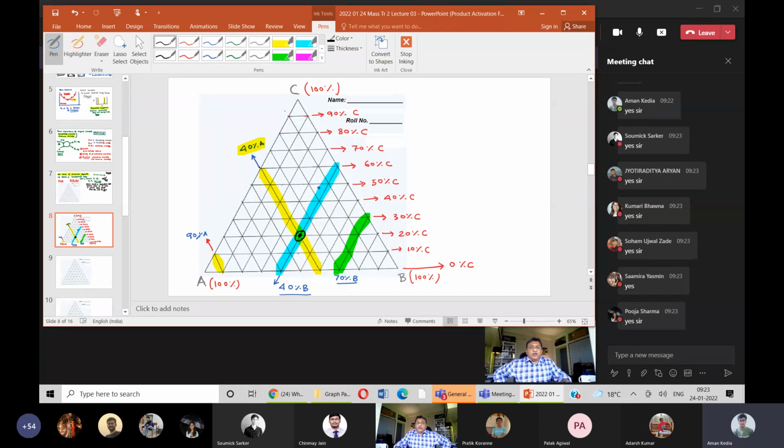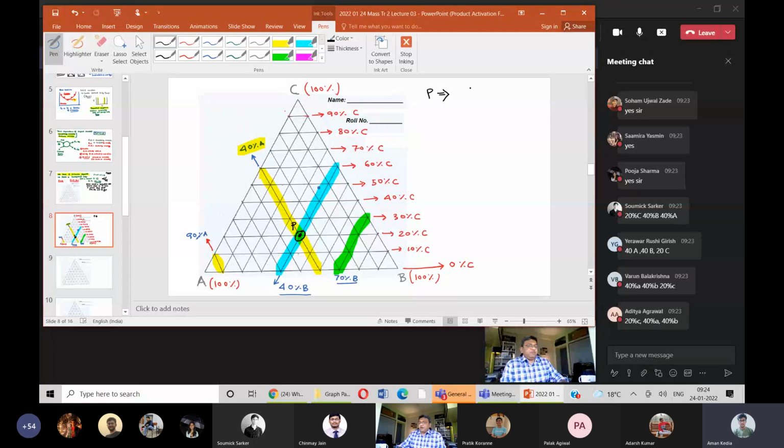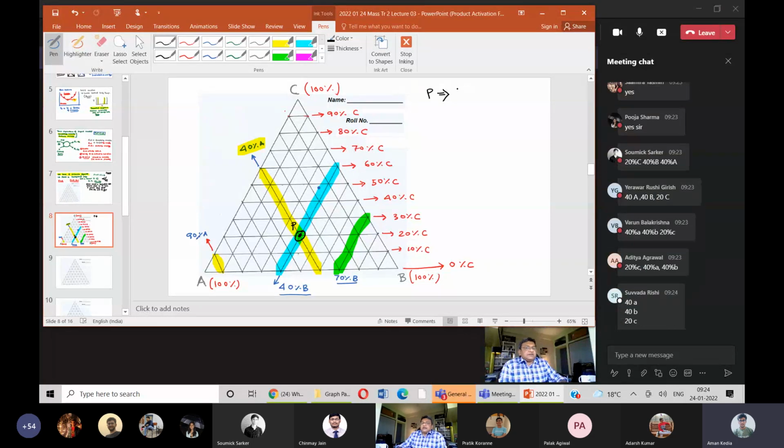This is on the 40% A line, right? And this is also on the 20% C line. So this point P, Shomik, make a habit of writing as ABC. Aditya, same thing, make a habit of writing ABC, XA, XB, XC. 40, 40, 20 is the correct answer.